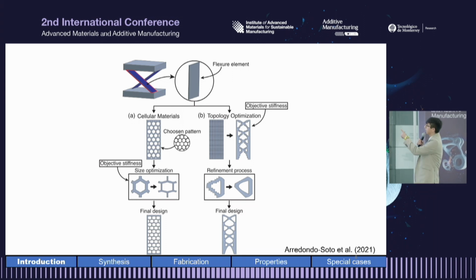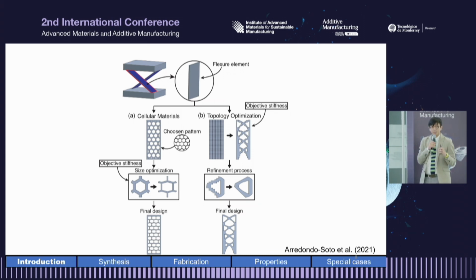One is through cellular materials, and a maybe more popular one might be using topology optimization. The issue with topology optimization might be that it ends up with very fashion parts. You see the geometry here, and I believe that the final user tends to be a little bit cautious about the employment of these parts because of the final shape.